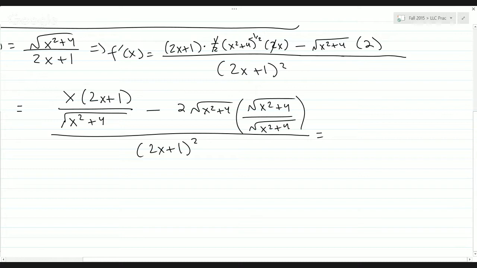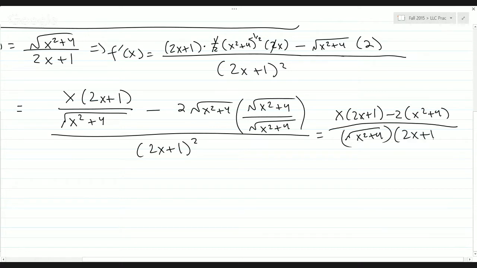Okay? So this is x times 2x plus 1 minus 2 times x squared plus 4 all over square root of x squared plus 4 times 2x plus 1 squared.